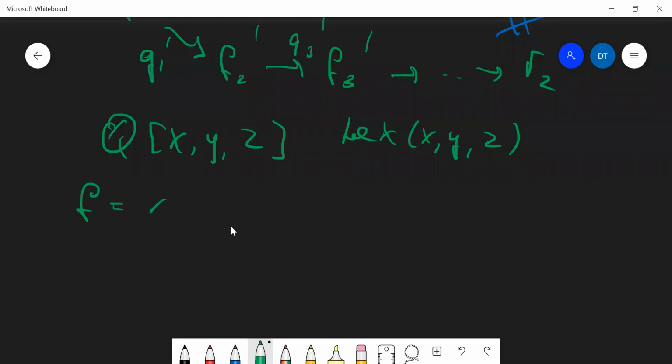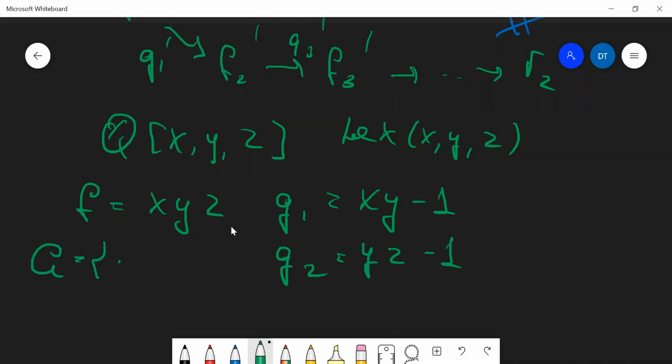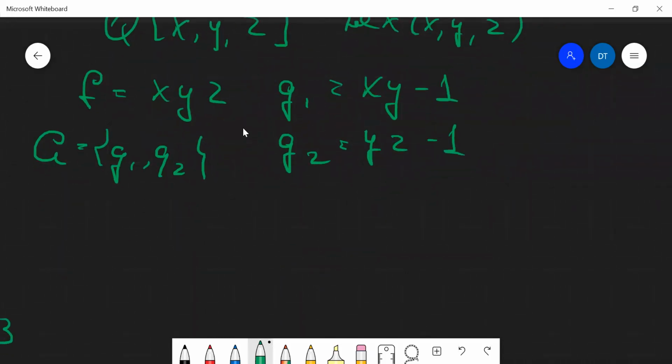Well, f is xyz. G1 is xy minus 1. G2 is yz minus 1. And the set G consists of G1 and G2. Now, let me reduce f by G1. So it means that I take xyz, and I should subtract xy minus 1, multiplied.